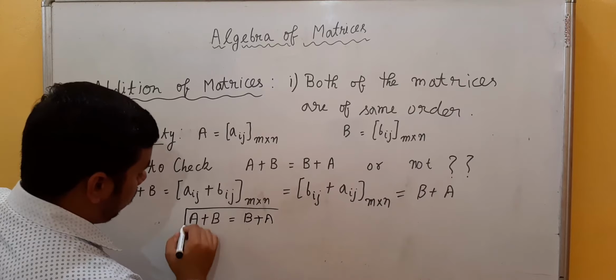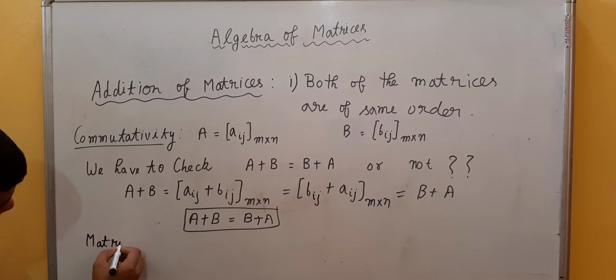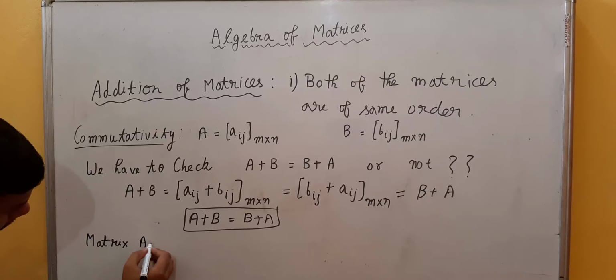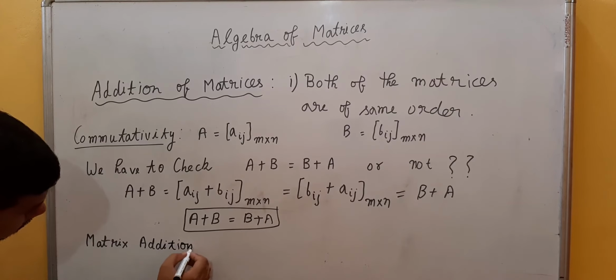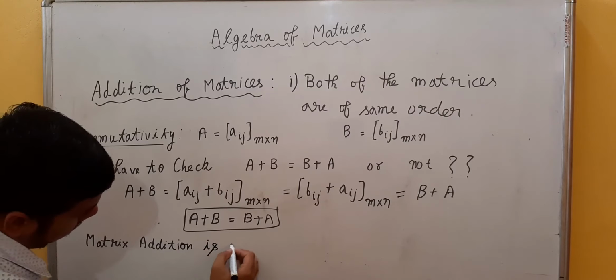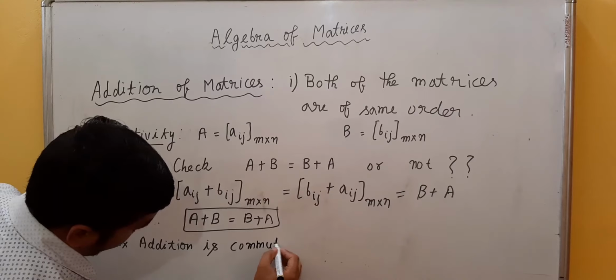Means matrix addition is commutative. We will get a result. Matrix addition is commutative.